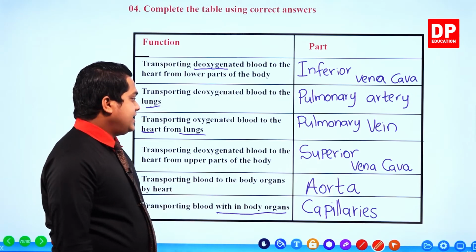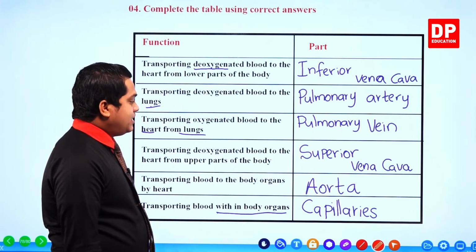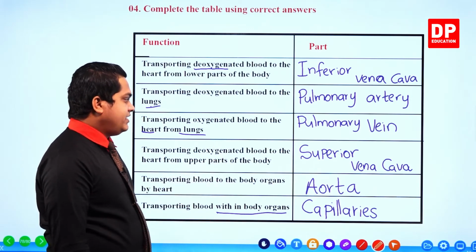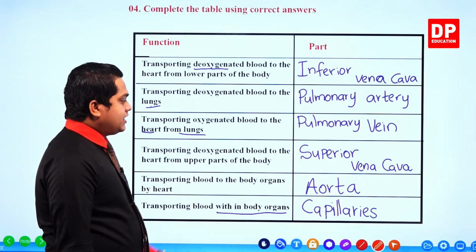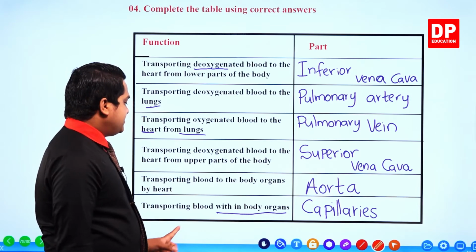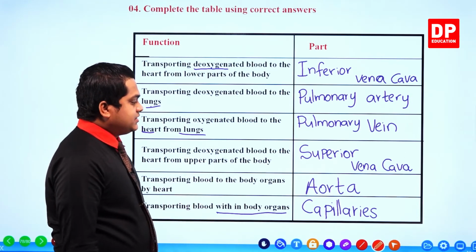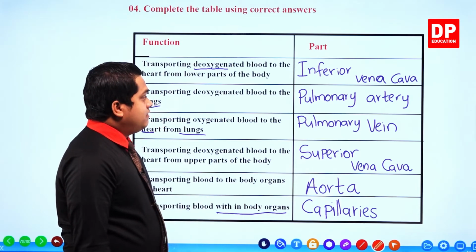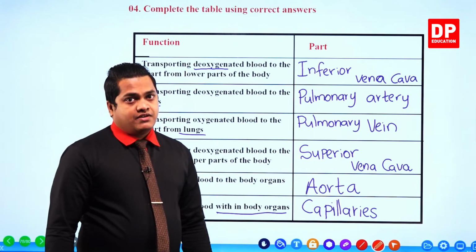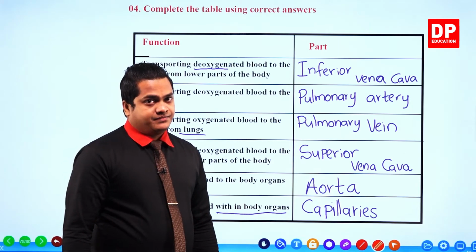Transporting deoxygenated blood to the heart from upper parts of the body, superior vena cava. Transporting blood to the body organs by heart through aorta. Transporting blood within the body organs through capillaries. Special vessels contained within our circulatory system.